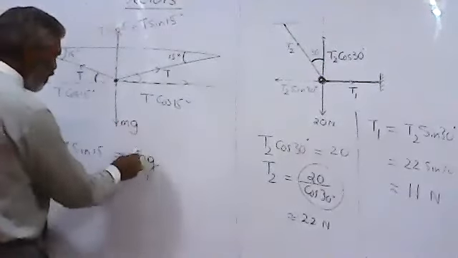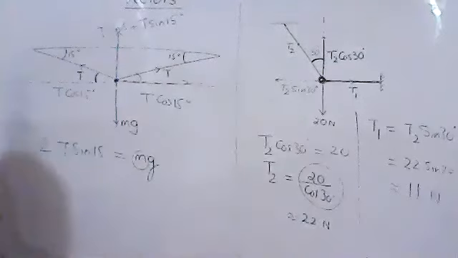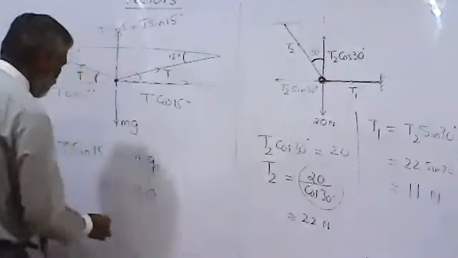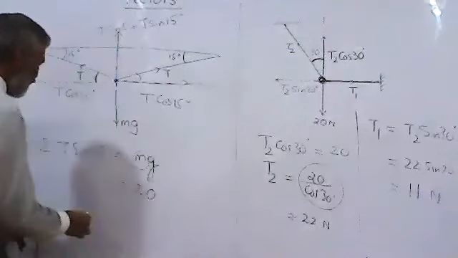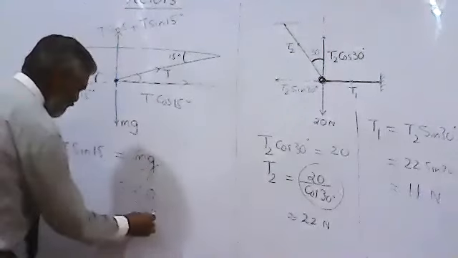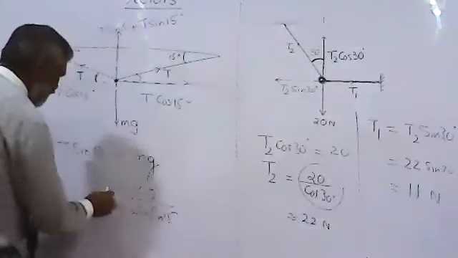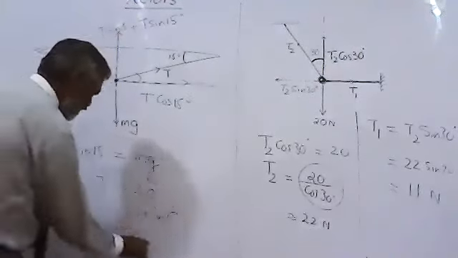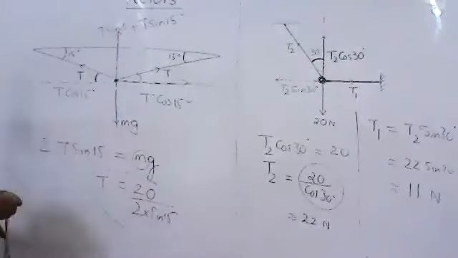If I know what mass I have suspended here, let's say it is the same 20 Newton that you are supporting this time, it is 20 Newton divided by 2 times sin 15. This will be the value of tension in each part of this string.